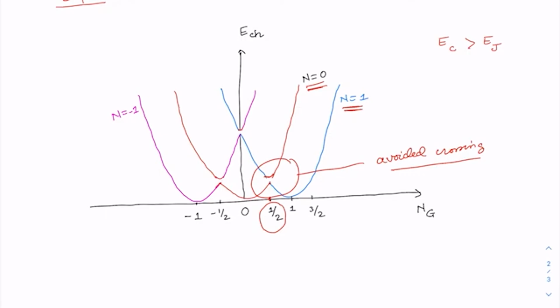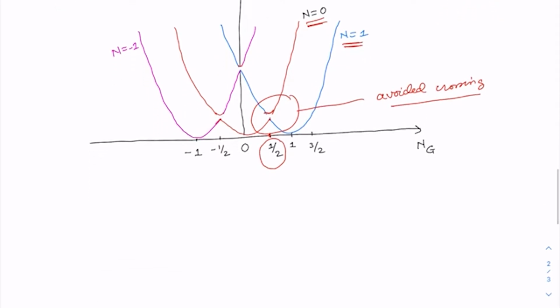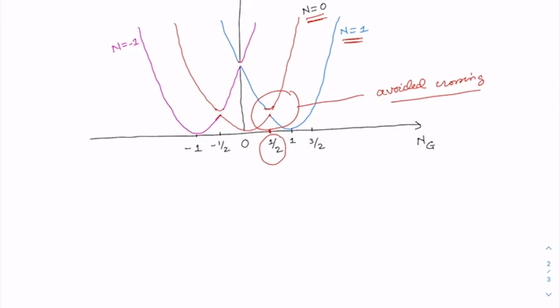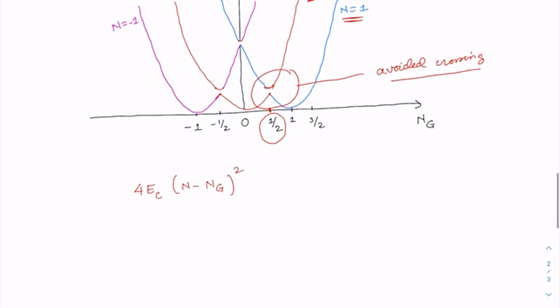Another thing you can see is that all the other energies will be far off and their effects will be small. Now near N_g equal to half, we can expand the charging energy 4E_C(n minus N_g)^2. Let us expand the charging energy near N_g equal to a half.